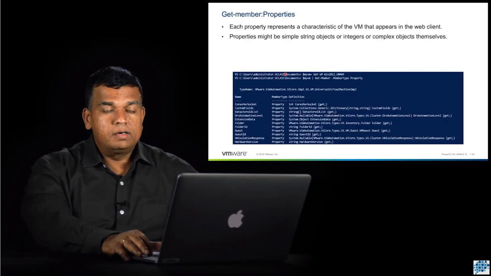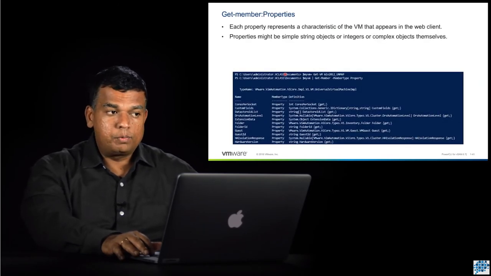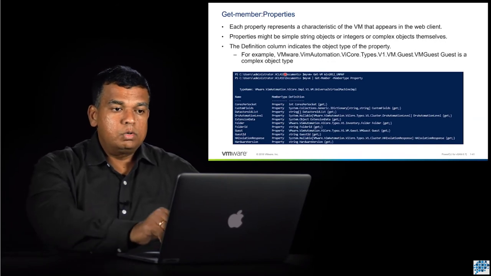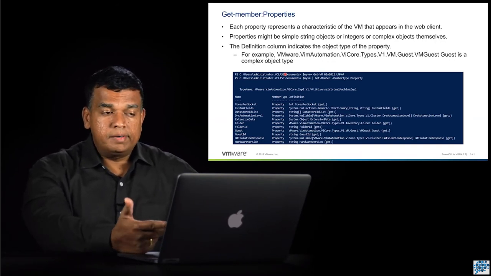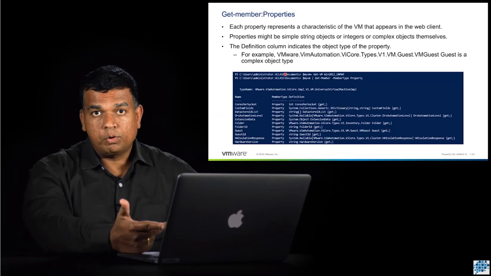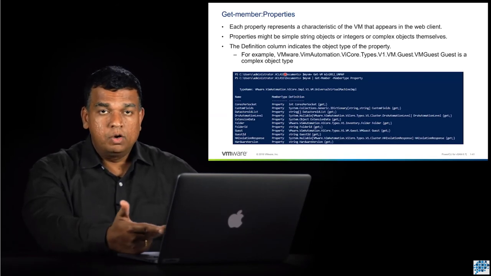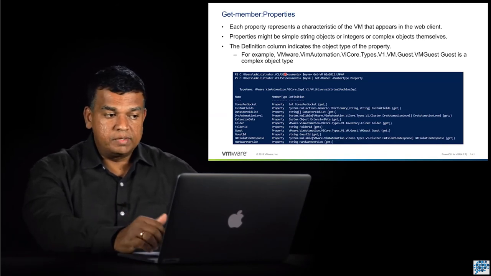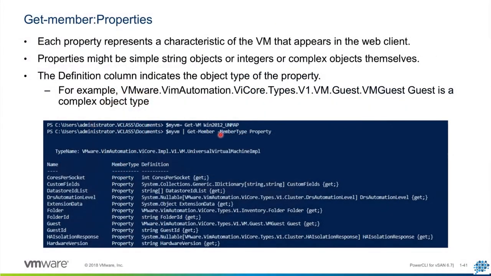So let's take a little deeper look into the properties. Each property represents a property of that particular object, which in this case is the virtual machine object. Here I am saying, by this command, Get-Member and MemberType is Property, which means that I only want to see the properties of the virtual machine object. I am not interested in seeing the methods.